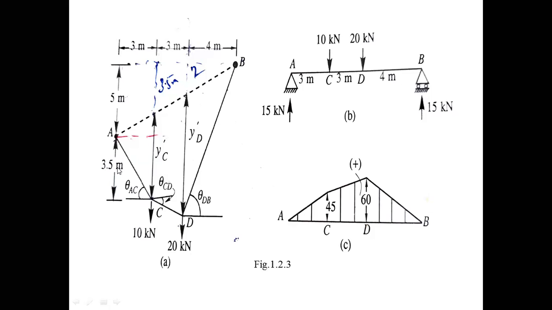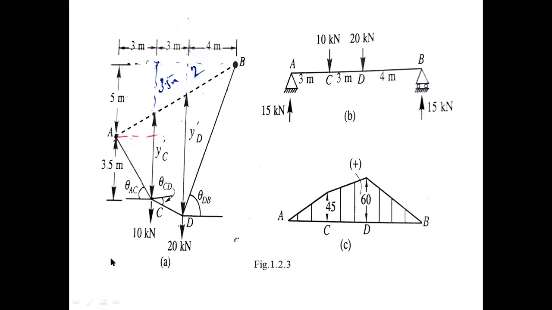That is already derived in the basic fundamentals. So if you know the bending moment at C, divided by YC, that means 3.5, because the vertical ordinate from support A to C is 3.5, then you can find the horizontal reaction H.